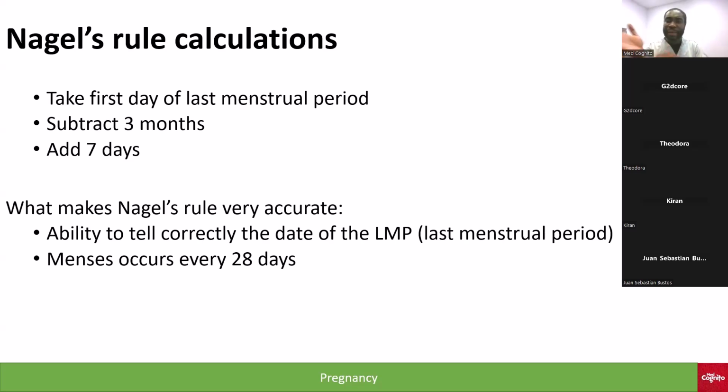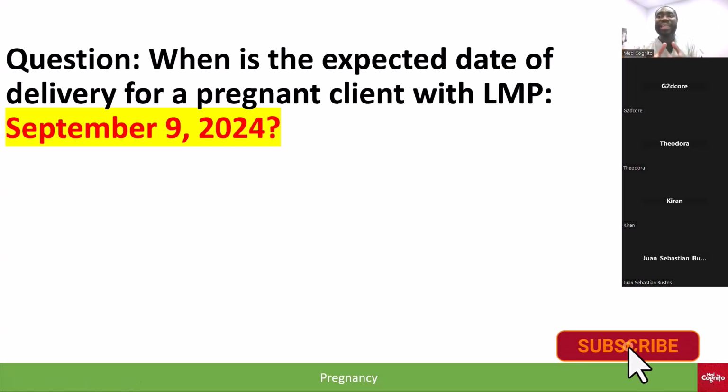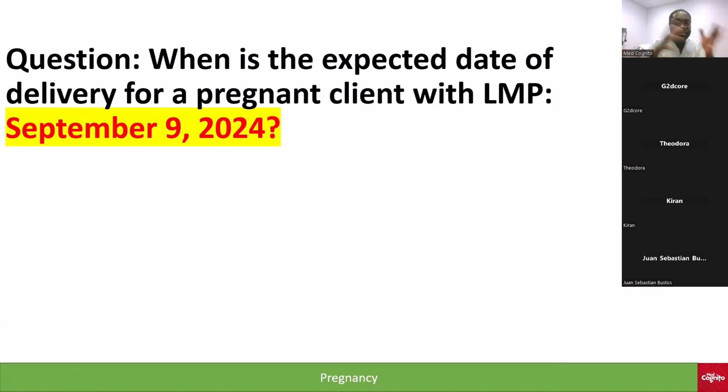So let's get our papers and pens and let's try something. After that, we'll go into the discussion itself. Can somebody tell me, you're going to basically subtract 3 months and add 7 days, minus 3 months plus 7 days. If I have a patient whose last menstrual period is September 9th, 2024, when is the patient likely to give birth?